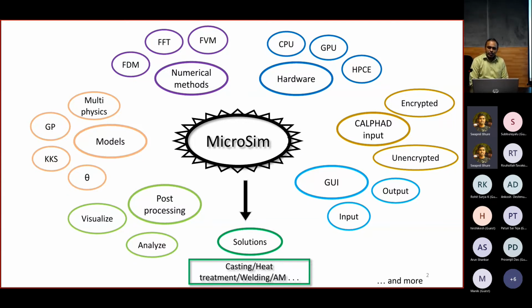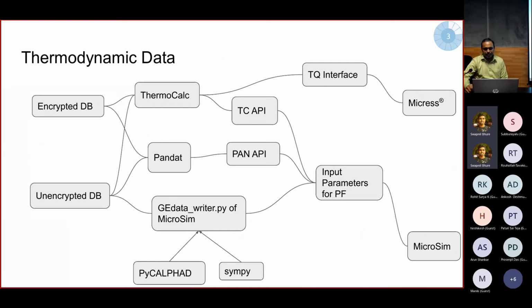But technically, you could use it as you would imagine for any metallurgical process, but even materials processing. So we can elaborate on those case studies as we go along, and we use this tool more extensively.